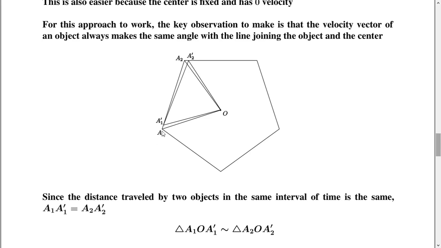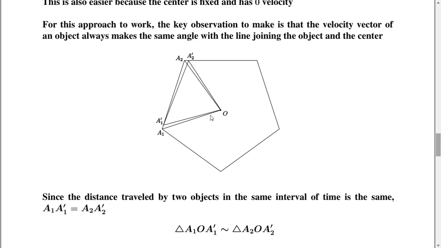Also, the distances A1A1 dash and A2A2 dash are the same because both objects would have moved by a similar distance in an equal amount of time. And therefore, these two triangles, OA1A1 dash and OA2A2 dash, are similar, which tells us that angle A1OA1 dash and angle A2OA2 dash are equal.